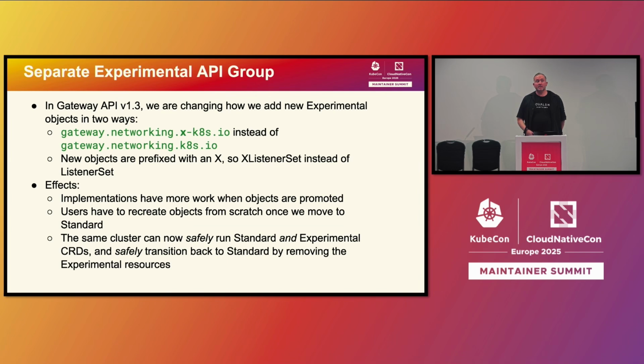Yeah, I'm getting wound up, so I need to answer this one quickly. The intent is that, because of the way parentRefs work, if you are referring to a thing that you don't support, like an X ListenerSet, then just ignore it, in the same way that if you are referring to a Service and you don't support Gamma, you just ignore it. That's what we expect, so that's how we hope to deal with that for now.